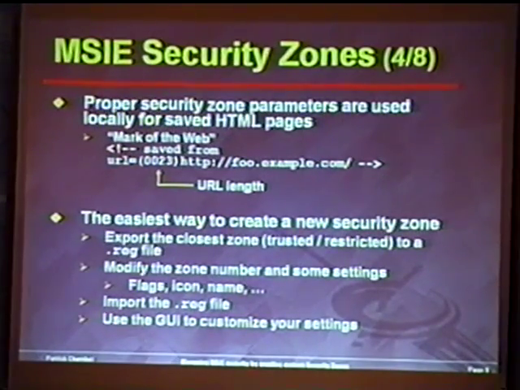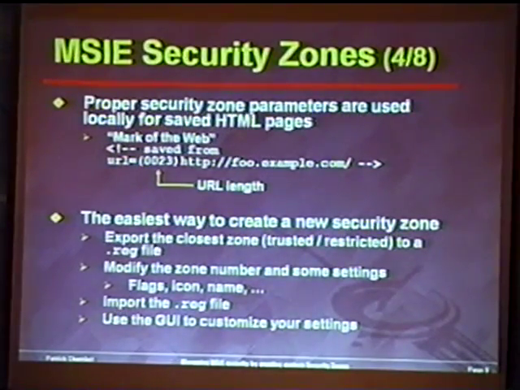Something very interesting. In fact, when you save locally an HTML page from the internet, you can set a parameter in the file on your computer to open the HTML page as if it was in one of the security zones. Microsoft calls this the mark of the web.